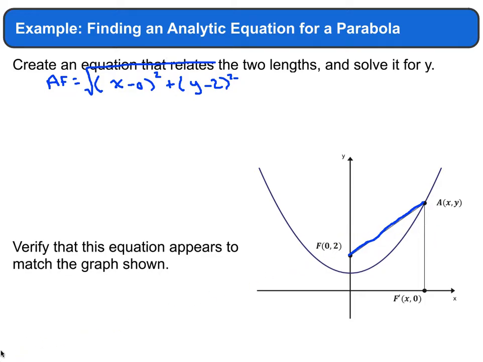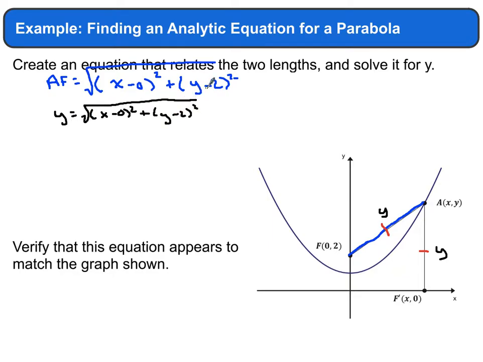And remember, we said that this distance is equal to this distance. And we had said, since this distance is y, then this distance here is y. So we're going to substitute. If we know that AF is equal to y, we're going to say y equals the square root of x minus 0 squared plus y minus 2 squared.